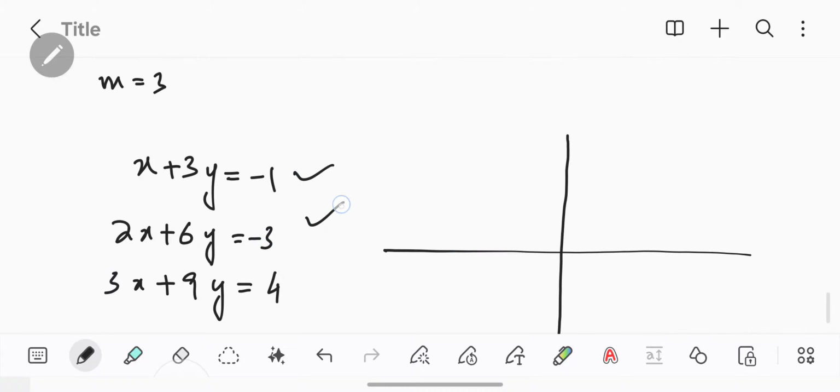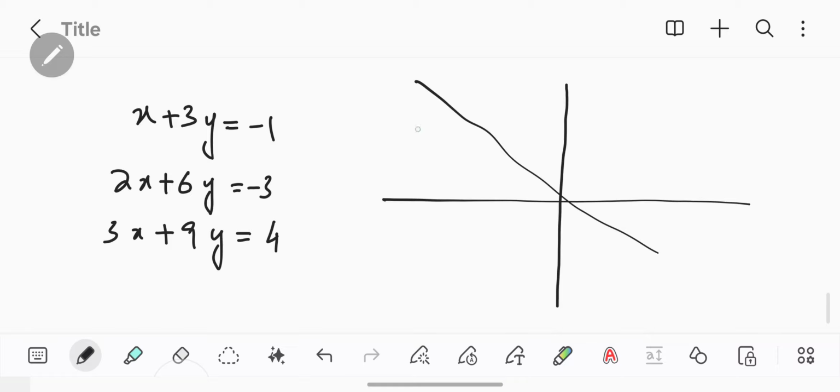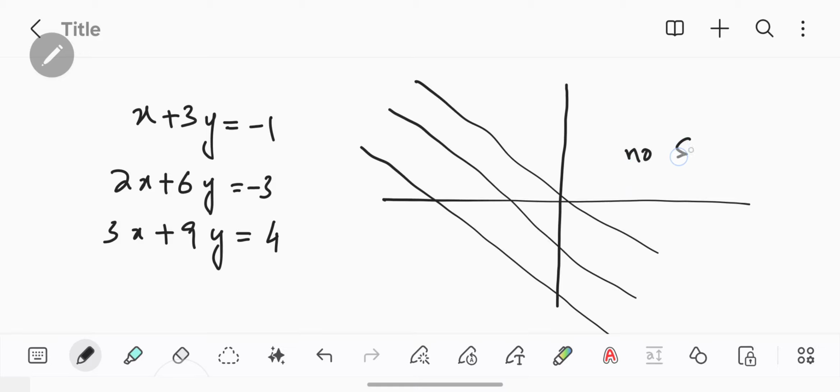If you make the graph using GeoGebra of these three lines, you will get no point, because for m is equal to 3 there is no solution. For example, if you get one line here, the other line will go parallel to this. The third line will also go parallel to this. So you will get these three lines which will not intersect at any point. This means no solution. So this is the whole geometric insight of the system of linear equations.